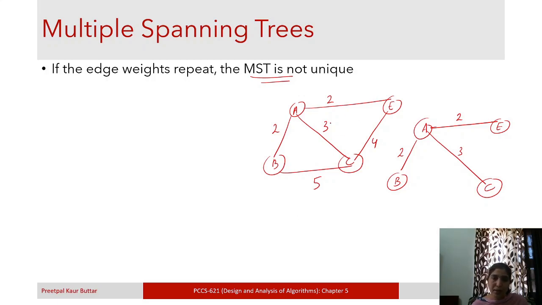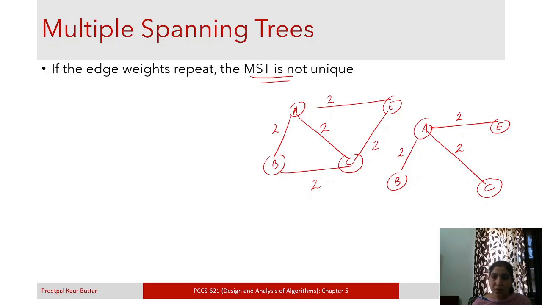But I think I should take a better example. Let me change it. Suppose this is also 2, so obviously I will pick this. Everywhere it is 2, 2, 2, 2, 2.